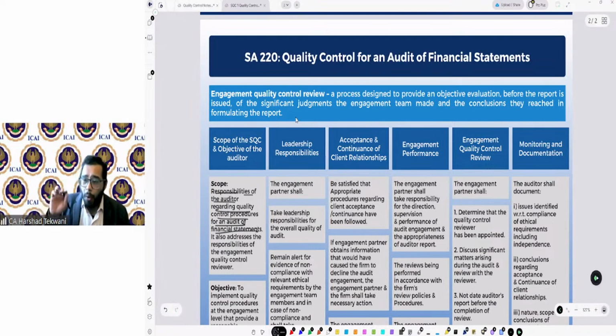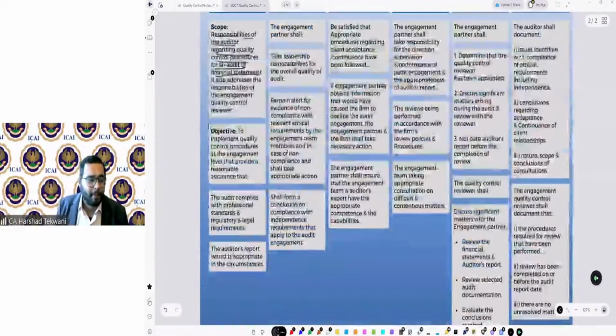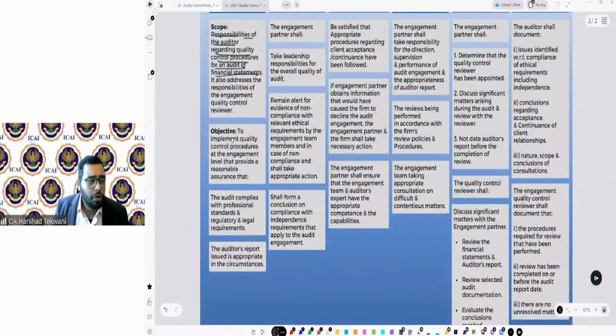Two different things. SQC 1 talks about the system of quality control within the firm, but on the same line, SA 220 talks about responsibility with respect to audit of financial statements. It also addresses the responsibility of the engagement quality control reviewer.